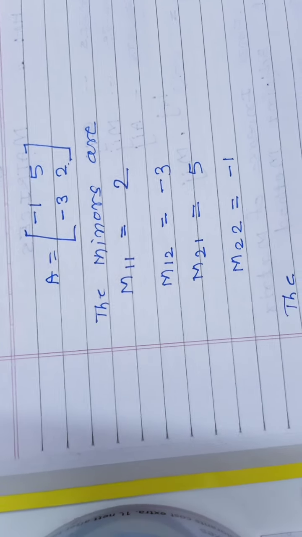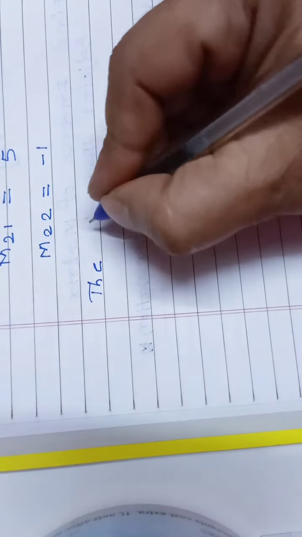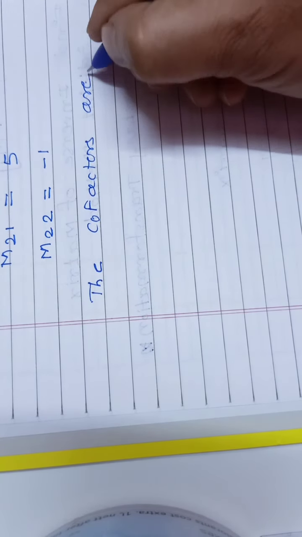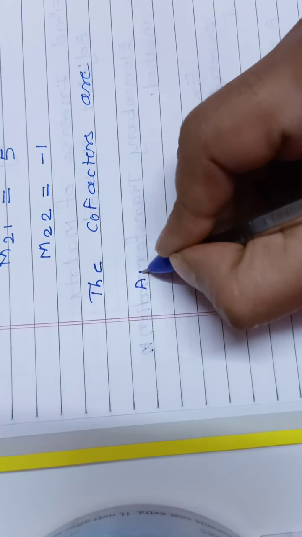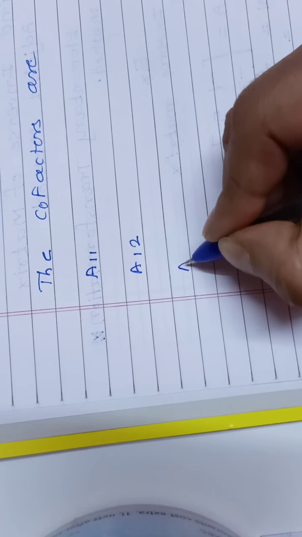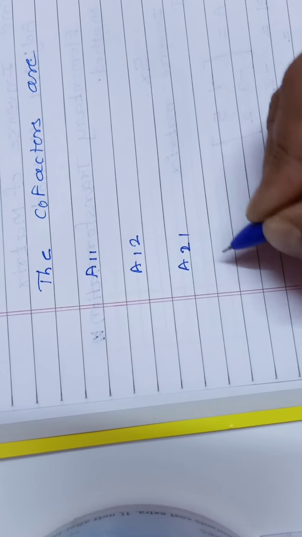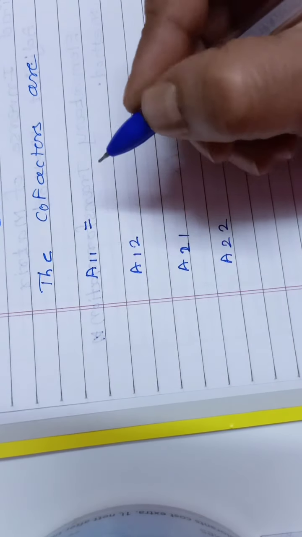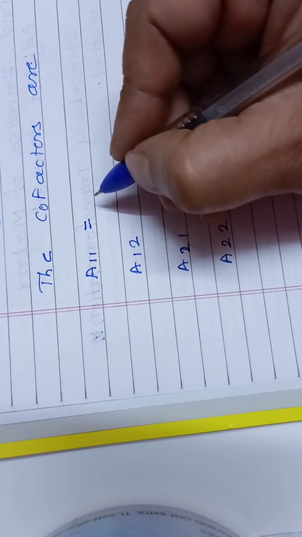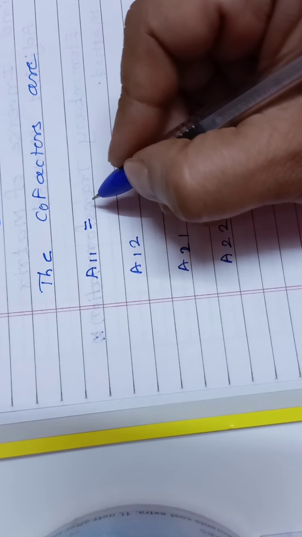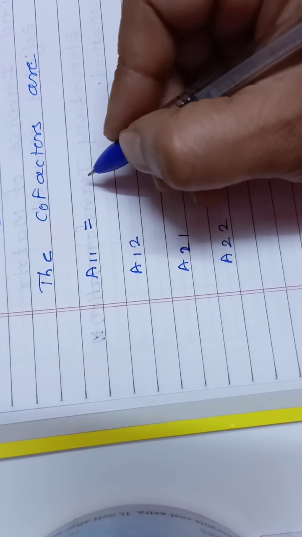So the cofactors are A11, A12, A21 and A22. I already gave you the formula, that is minus 1 raised to i plus j into Mij.